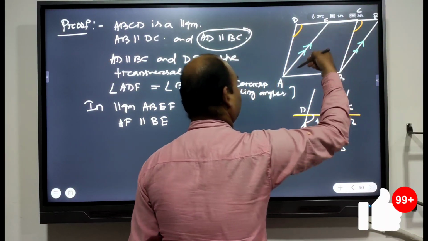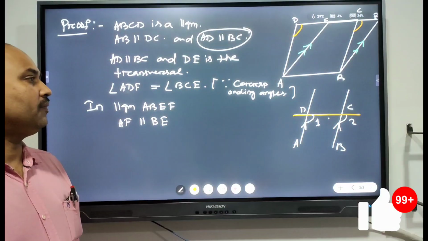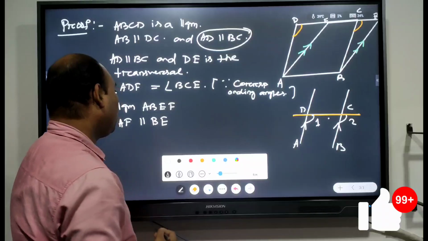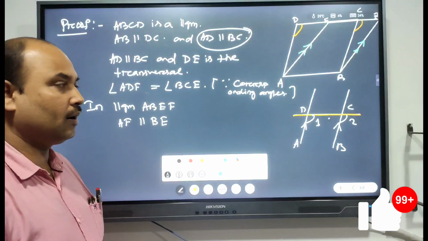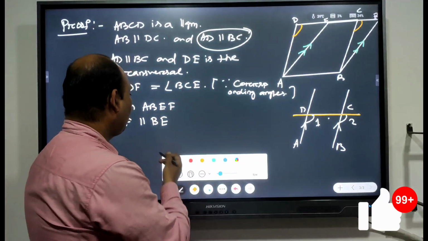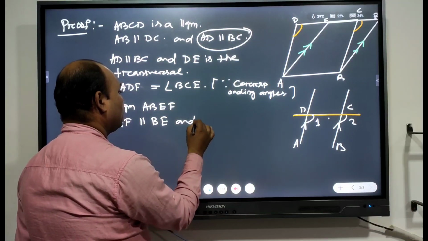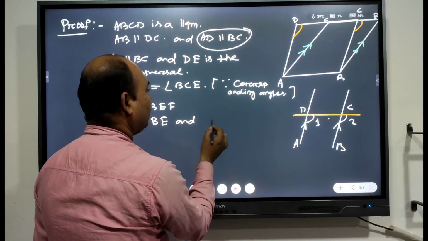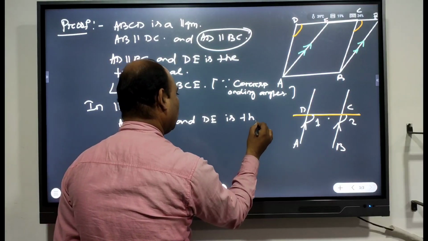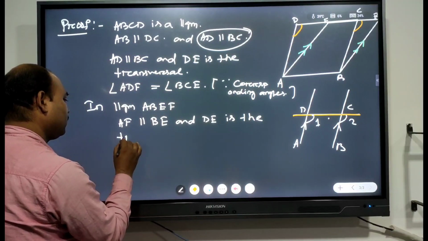This part is parallel to this part. When these two are parallel and also equal, because in the parallelogram opposite sides are equal also, and same, DE is the transversal.